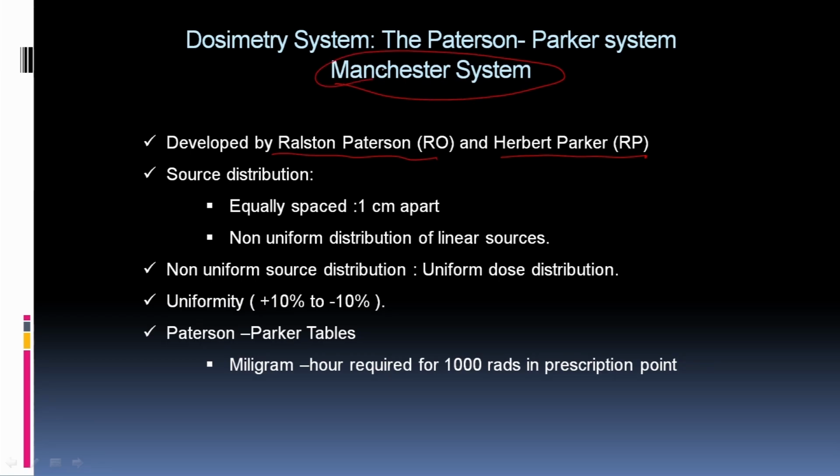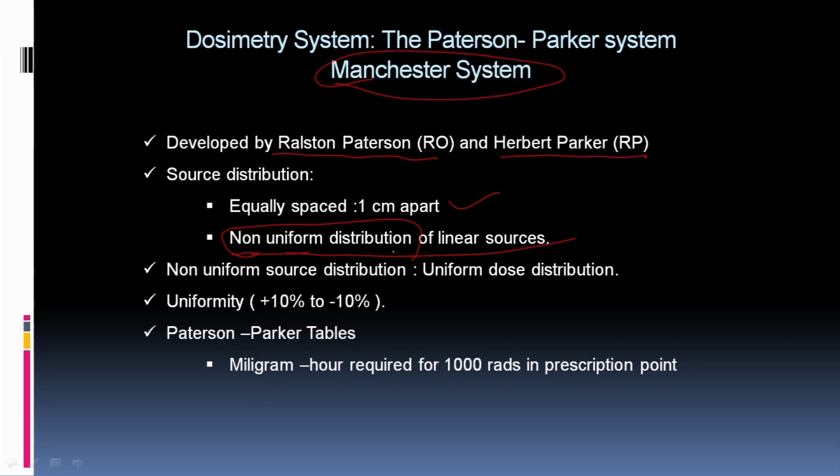They recommend equally spaced sources, also 1 centimeter apart at maximum, and non-uniform distribution of linear sources. Earlier, we uniformly distributed the radioactive isotopes. Now, in this Patterson-Parker system, they recommend the non-uniform distribution of linear sources.